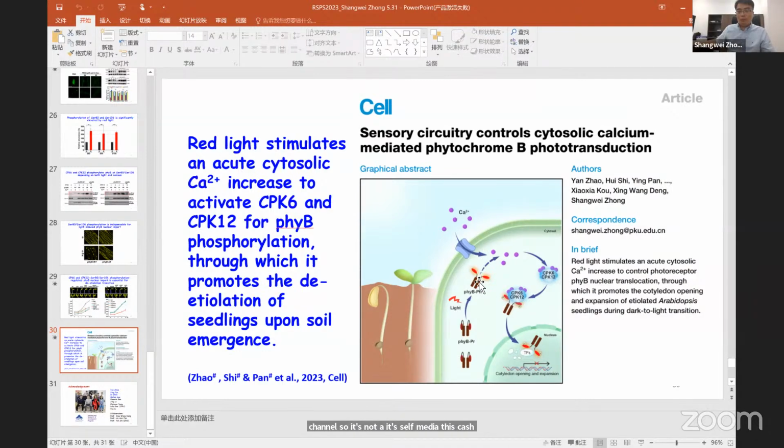So it is proposed that possibly phyB can interact with some channels, or directly or indirectly regulate the channel's activity, so it regulates the calcium increase. This calcium is from the outside of the cell, not from inside the cell.